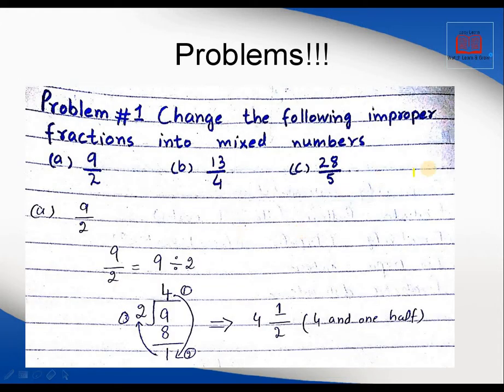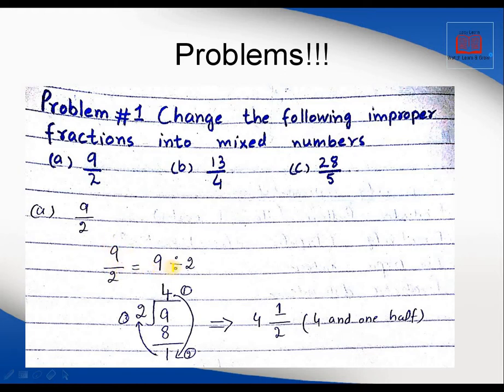Here, change the following improper fractions. You can see that in all three cases the numerator is greater than the denominator, so these are improper fractions, and we are going to convert them into mixed numbers. A mixed number is just another way of representing an improper fraction.